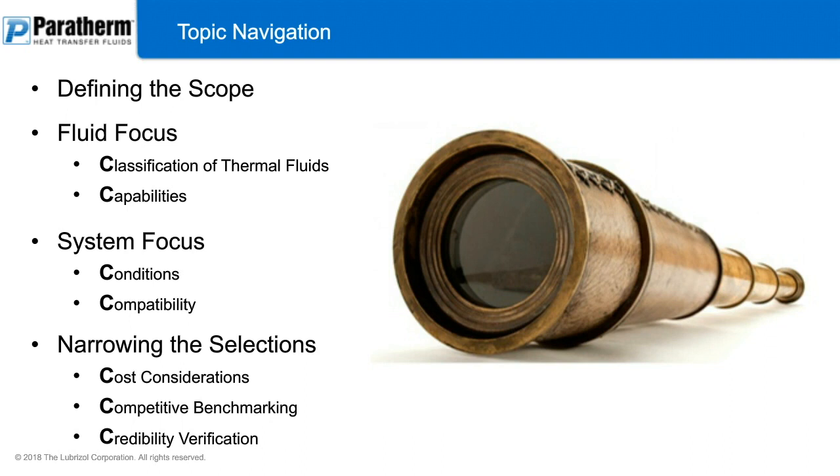From there, we're going to move more in depth on the selection process, focusing on the fluid aspects, and that's, again, the classification of thermal fluids and capabilities. Moving next into the system focus of your selection, and that's talking about the conditions of your system and the compatibility. And then moving our way through the end of the 7 Cs in our navigation, we'll talk about how to narrow those selections with cost considerations, competitive benchmarking, and then verifying the credibility of your supplier and any product claims.